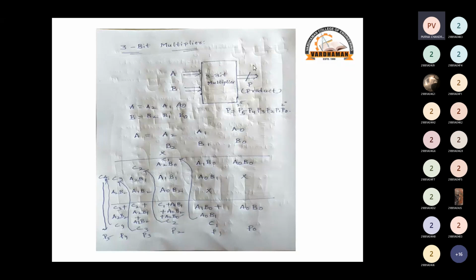So here A consists of 3 bits, A2 A1 A0, and B consists of 3 bits, B2 B1 B0. 2 power 0 belongs to P0 and 2 power 5 belongs to P5.